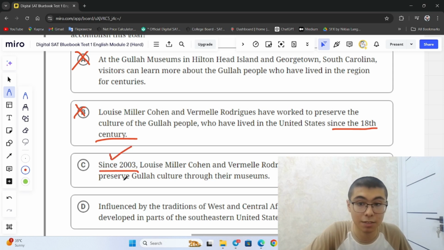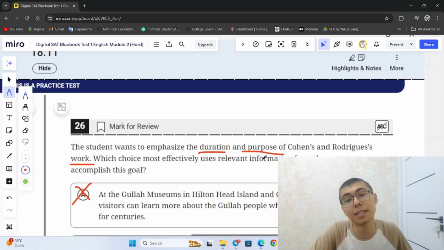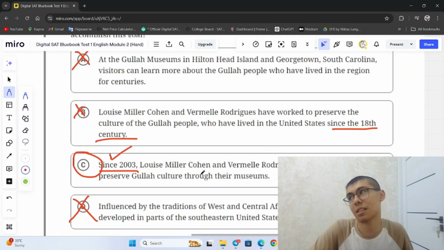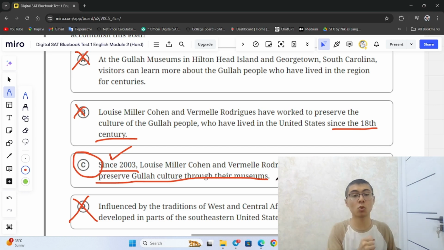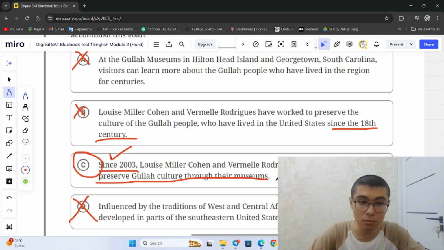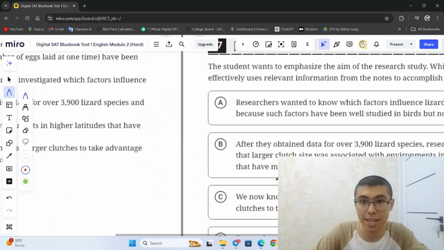So there is one check. Influenced by the traditional here as well, we don't have a duration of a study. So C is correct, even if I didn't check for purpose, right? Let's check whether there is purpose here. Have worked to preserve the culture through their museums. So the purpose was to preserve the culture. So C is correct.